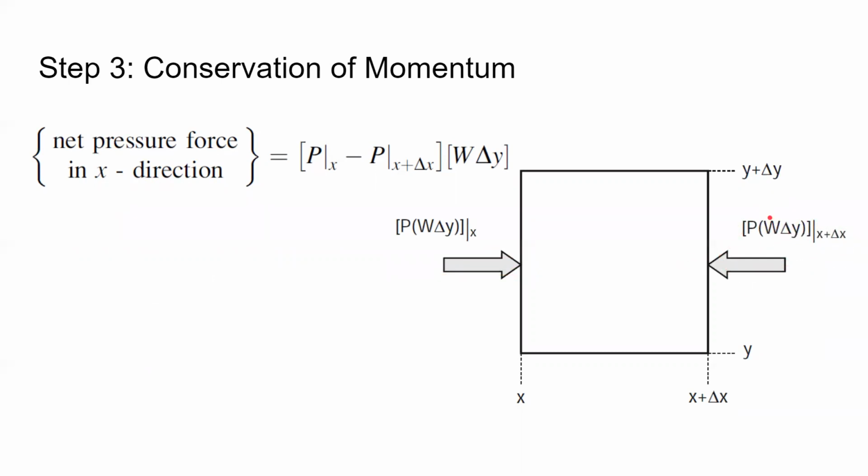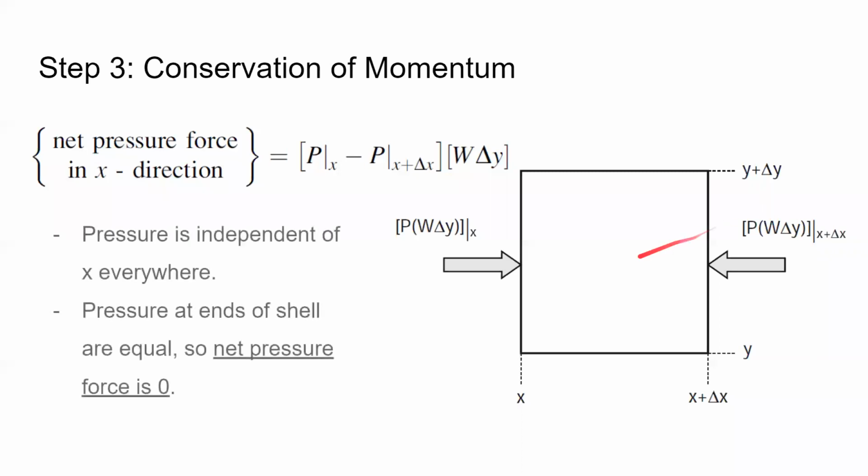And we also know from the earlier definition of the problem that pressure is independent of x, and also that pressure at the ends of the shell are equal, so the net pressure force is 0. So this was given to us. So therefore, this term is equal to 0. You should keep this in mind that this force does exist, but the net pressure force is 0. It's not that there's no pressure.